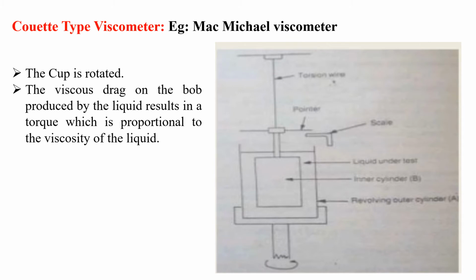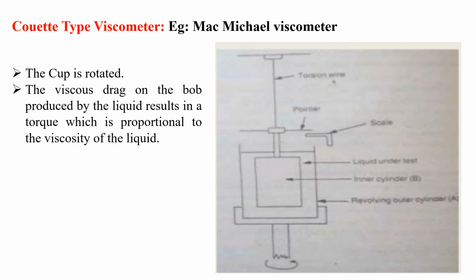Here we can even change the speed of the cup, which means we can change the rate of shear. And the torque or the torsion experienced by the bob would be our shear stress.